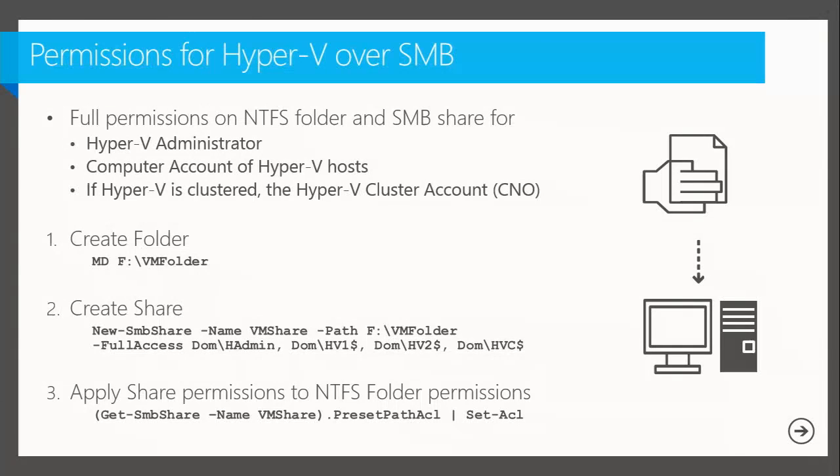Okay? Last thing you have to do is apply the permissions to the folders themselves. You can use PowerShell or icacls to apply permission. We have a little trick here in option 3, which is something we built that lets you get the permissions from the share and just apply to the folder.